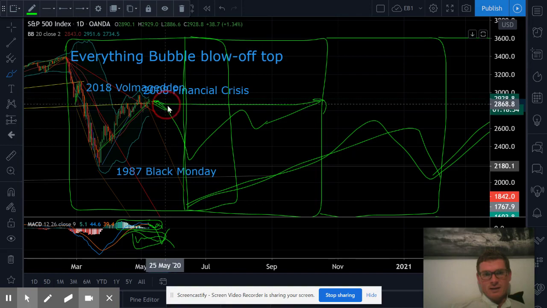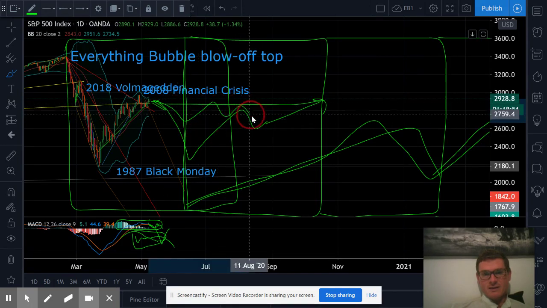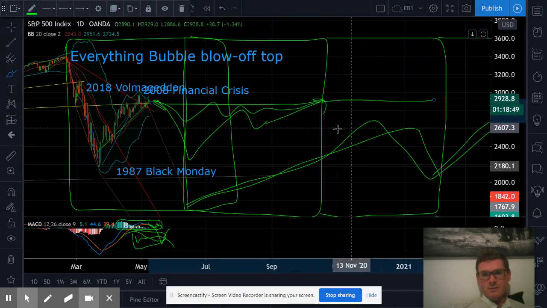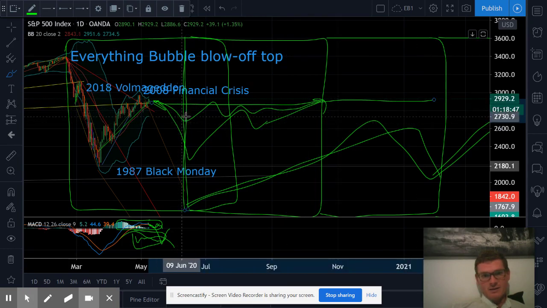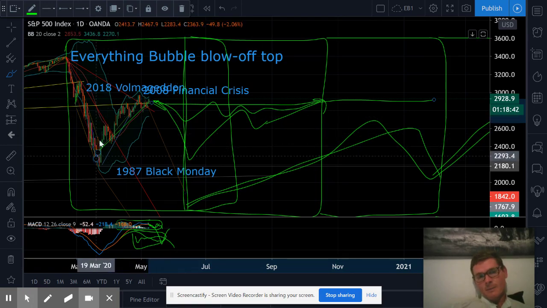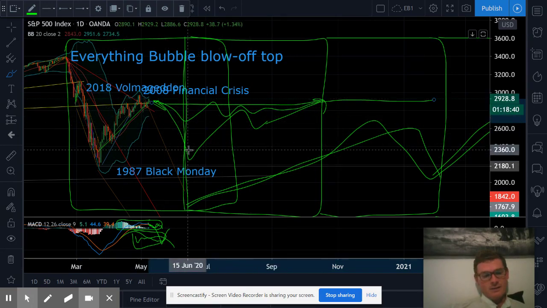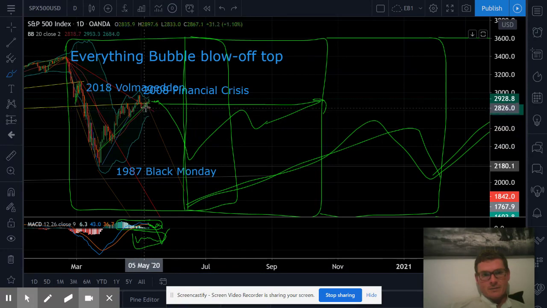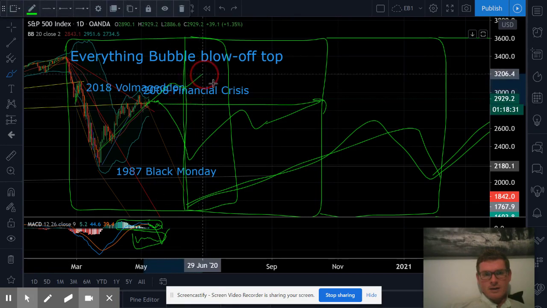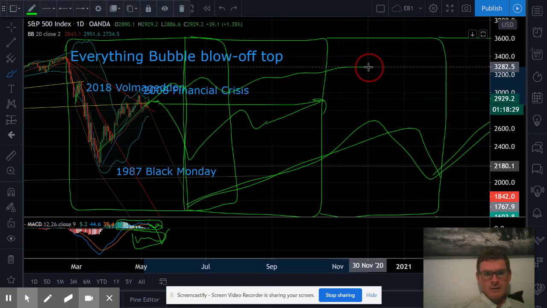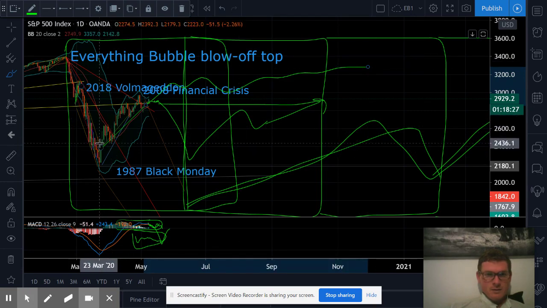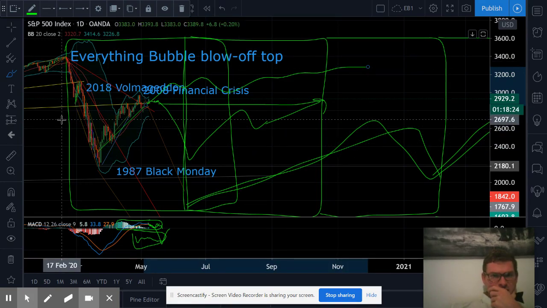It could even do a little turn down like this, and then a really boring 9 month long move under the tangent line, just kind of sideways. The Nikkei did a lot of sideways stuff like that. But I would not expect it to get back up out here somewhere. I think that's pretty unlikely right now.